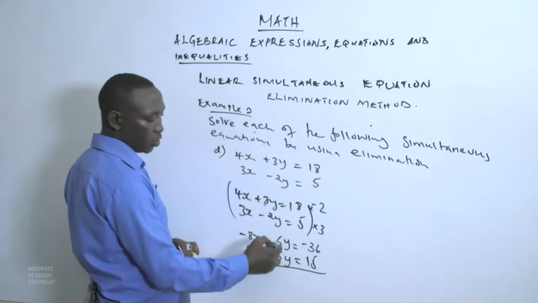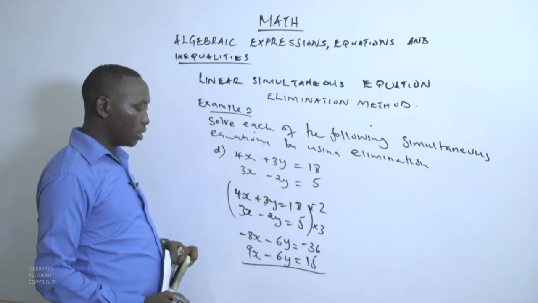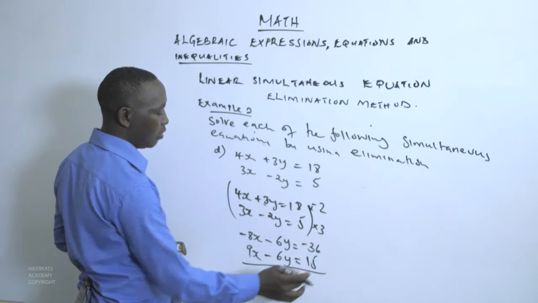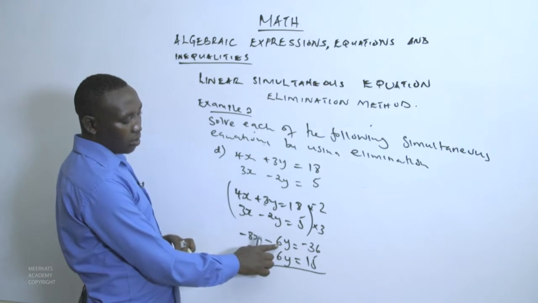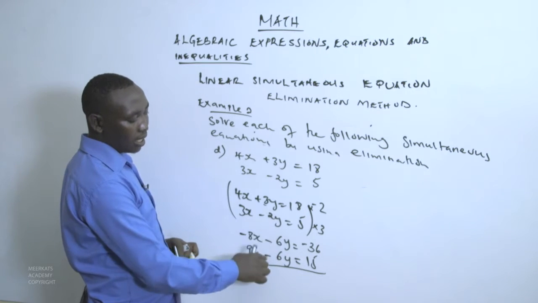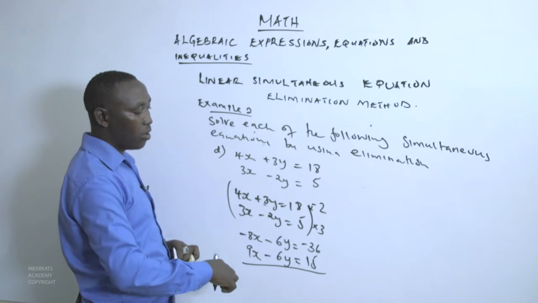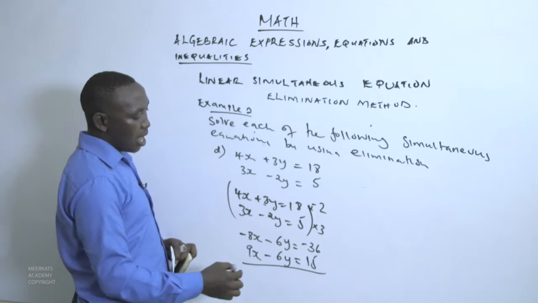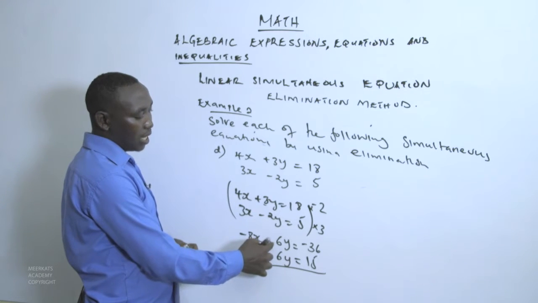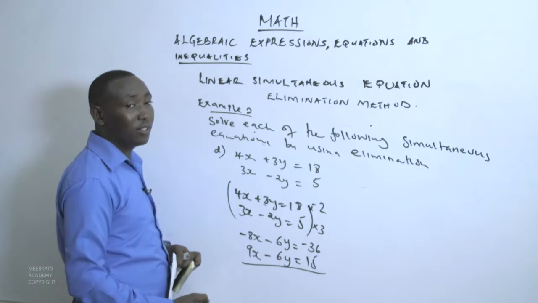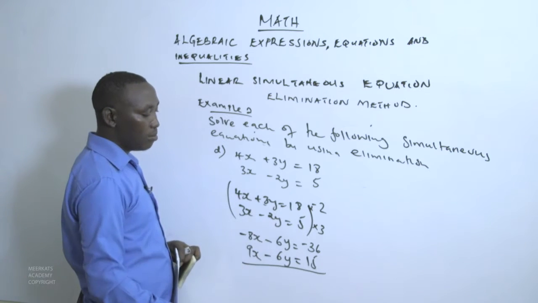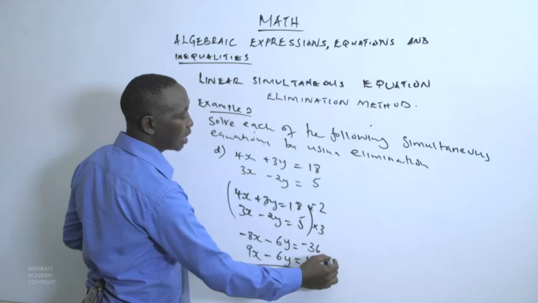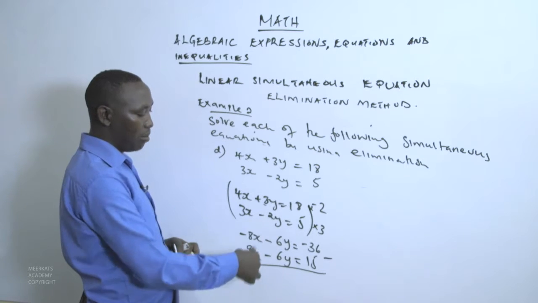Now if you consider these two new equations, equation 3 and equation 4, the coefficient of y is now the same, and therefore we can go ahead and eliminate. You discover that this is -6y, this is -6y. Because the signs are the same, we are going to subtract for us to totally eliminate.